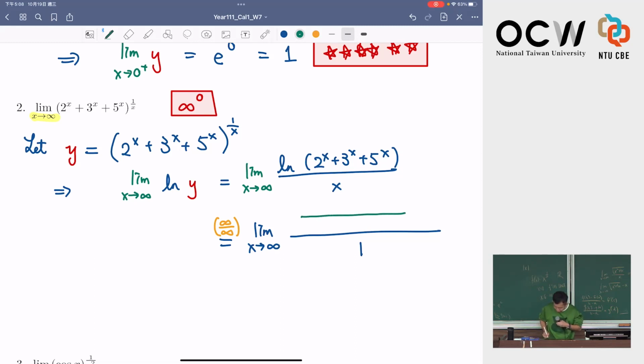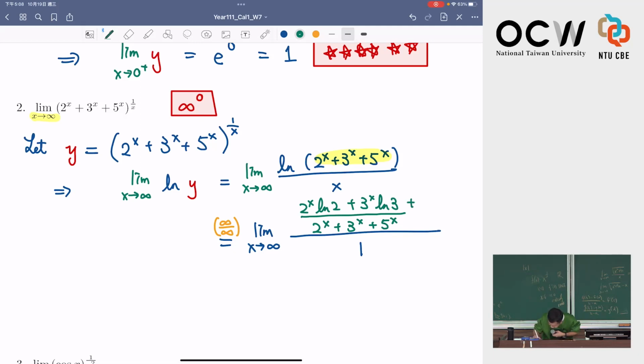Firstly, when you differentiate logarithm, you get the reciprocal. But that's not the end. You have to multiply it by the derivative of whatever inside the bracket. So differentiate 2 to the x, you get 2 to the x log 2. Differentiate 3 to the x, you get 3 to the x log 3.